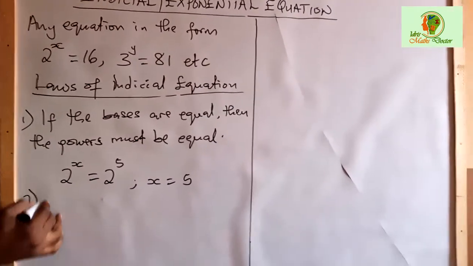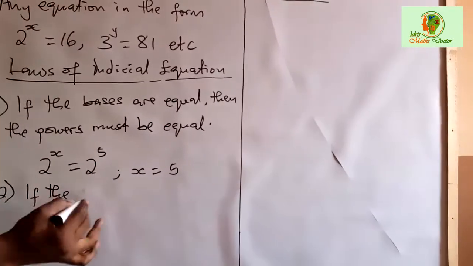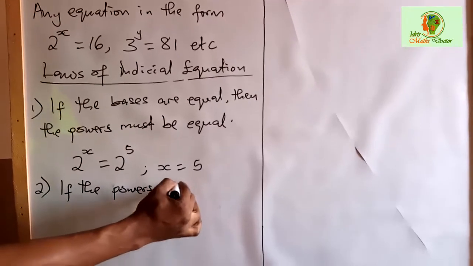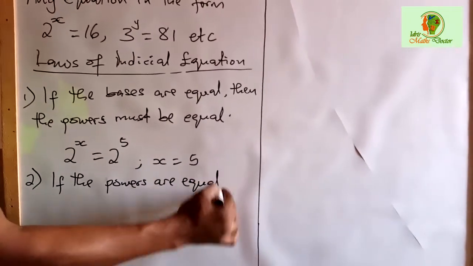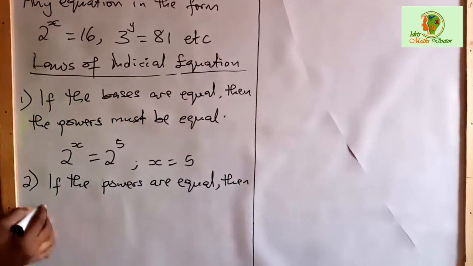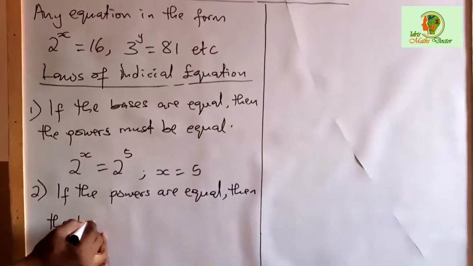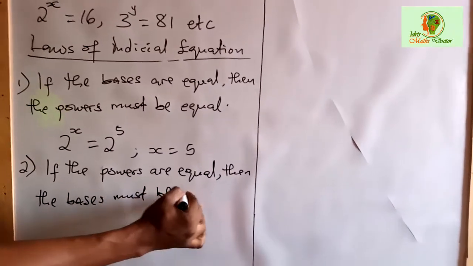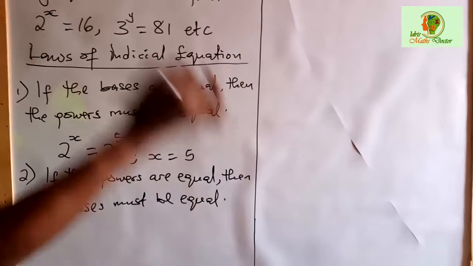32 is the same as the 32 we have here. Law number 2. If the powers are equal, then the bases must be equal. Is that okay?